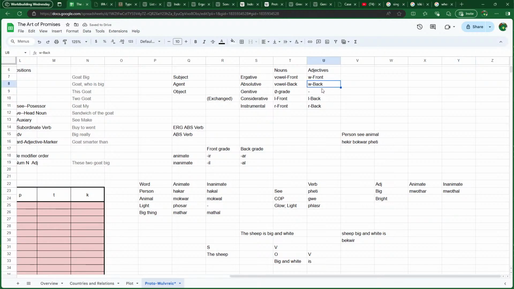Because of the W form. So this is plasra. And then actually plasra, I think that works better. Bright as an adjective form of light.